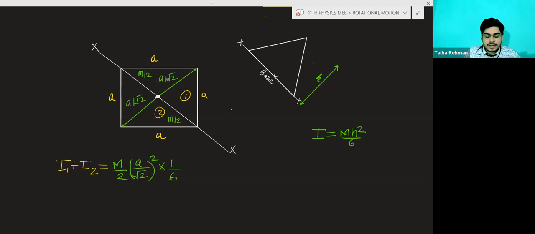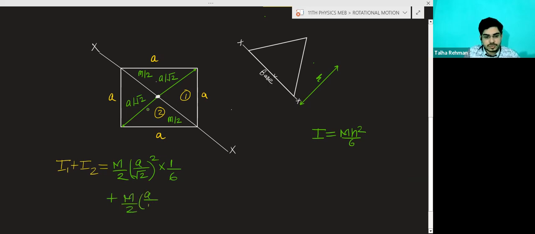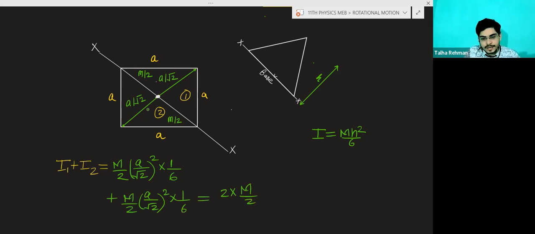Plus, again for the second triangle you will write m by 2, same thing, A by root 2 square multiplied by 1 by 6. So you can write it as 2 into m by 2, times A by root 2 square multiplied by 1 by 6.